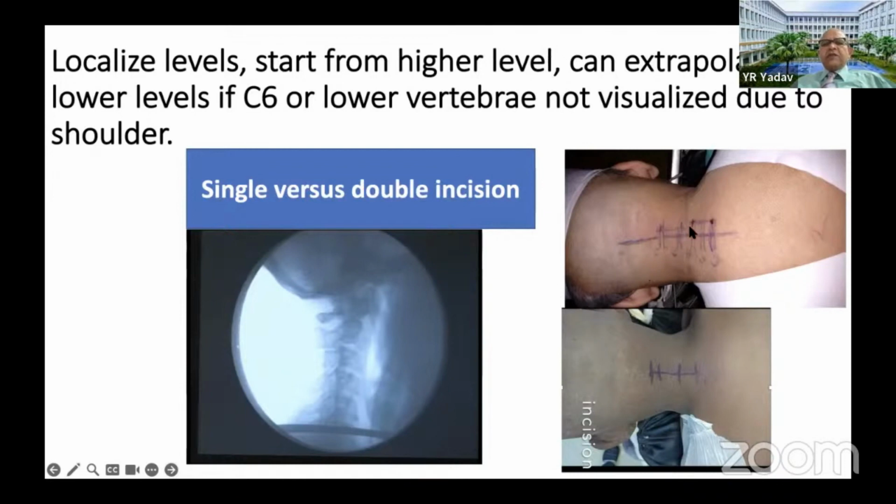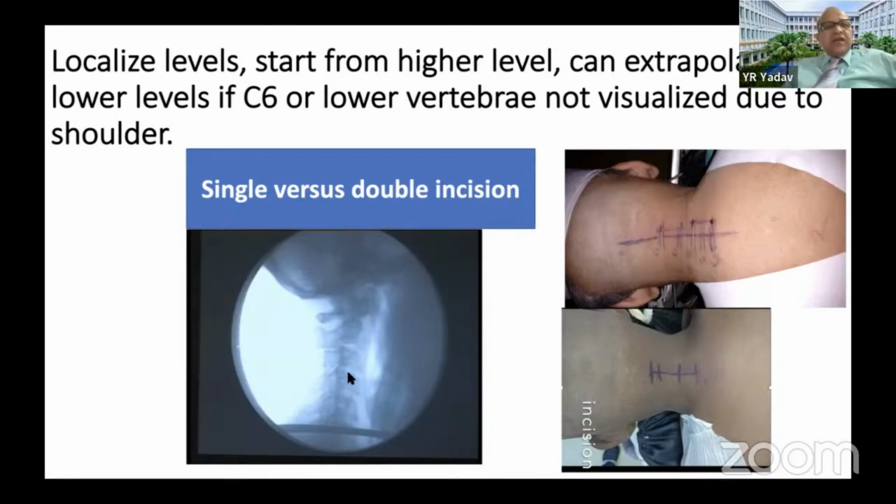Then you can extrapolate the same distance inferiorly. If you try and pull the shoulder down and can see the level, then it is fine. But if you can't see it, start from above and extrapolate that possibly that will be the site.